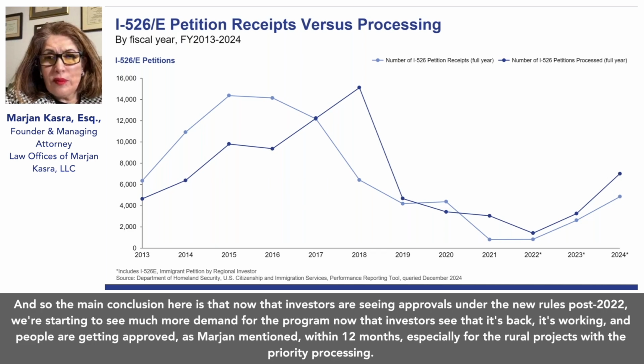The main conclusion here is that now that investors are seeing approvals under the new rules post 2022, we're starting to see much more demand for the program now that investors see that it's back, it's working, and people are getting approved, as Marjan mentioned, within 12 months, especially for the rural projects with the priority processing.